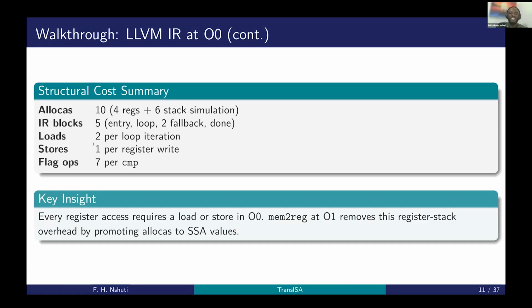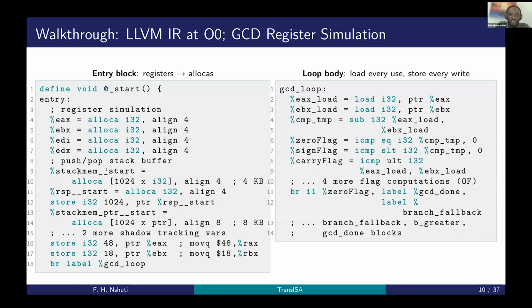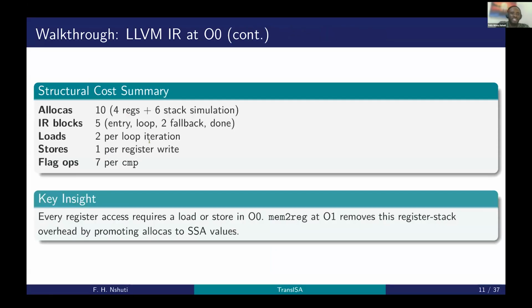And this is somehow a bottleneck of our implementation. And when you use optimization pass 1 or 2, mem2reg will improve this by using static single assignment values and eliminate almost all of the alloca instructions that we have previously.